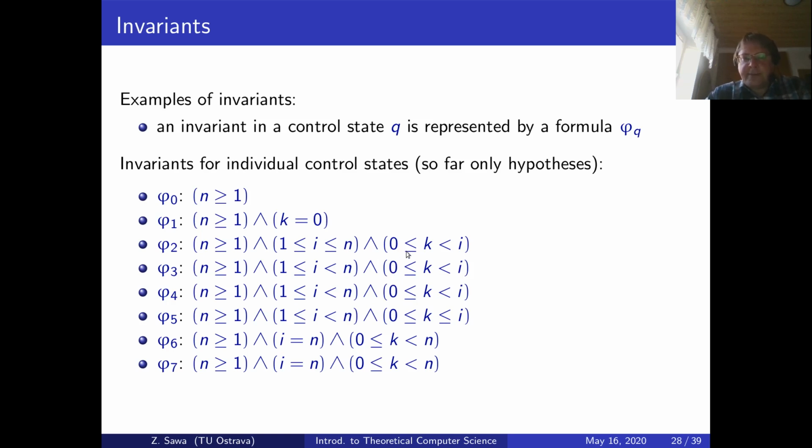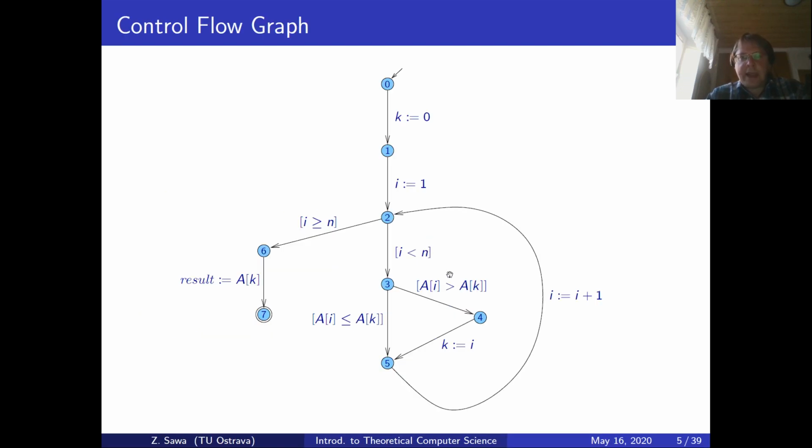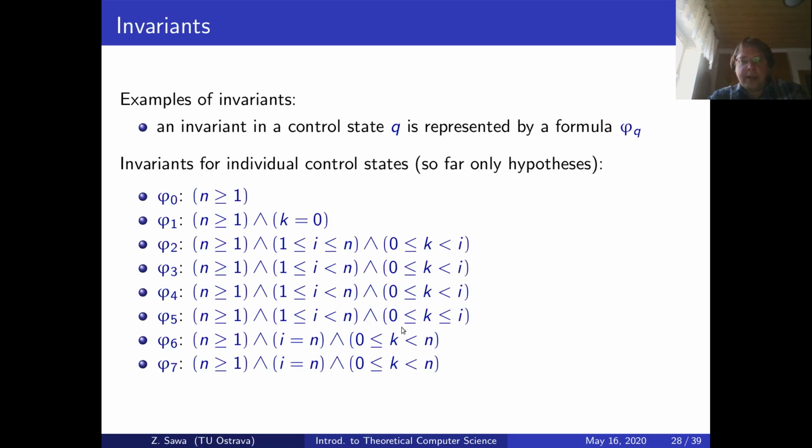In a similar way, we can note that this value of k inside the cycle will always be some value which is strictly less than i and which is greater or equal to 0. So maybe we will formulate such things.